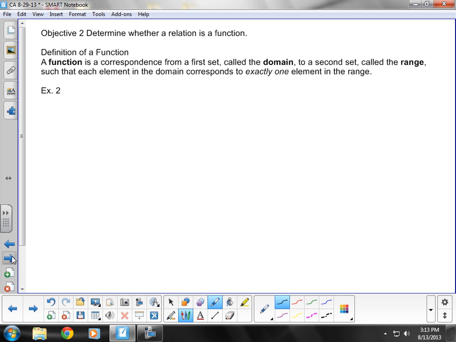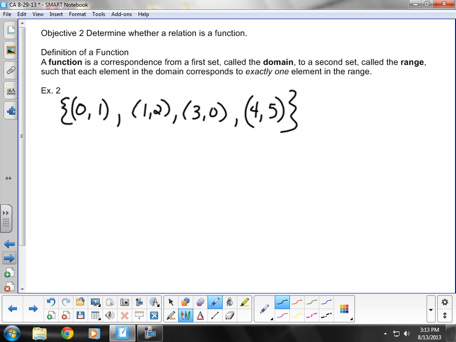So here, for our example, let's just go ahead and use a set of ordered pairs because I don't feel like writing all that stuff out. So I've got the set (0, 1), (1, 2), (3, 0), and (4, 5). One of the easiest ways sometimes to look at this is if you set yourself up a mapping, and we'll put our domain, which remember is just a set of our first coordinates, so that's 0, 1, 3, and 4.